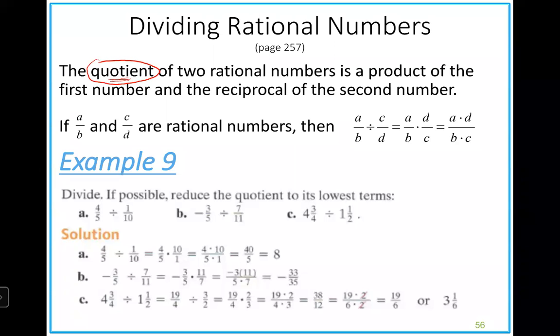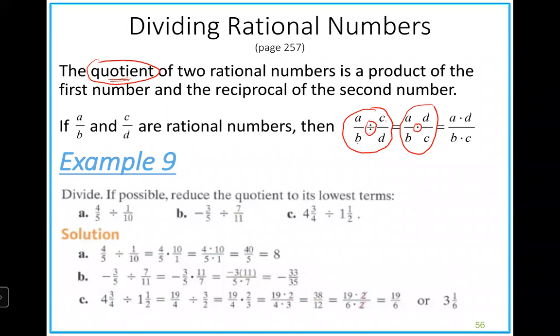No, nobody remembers. If you look at this here, look at what they did. They start off with A over B divided by C over D. Now, what did they do here? You see the division change to what? A multiplication, and then reverse the numerator and denominator.